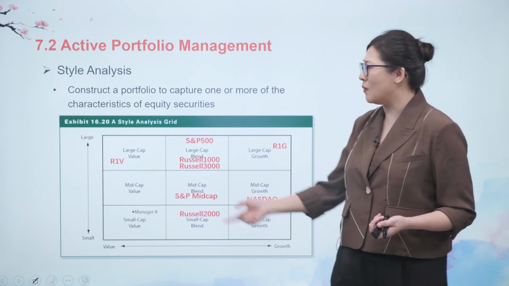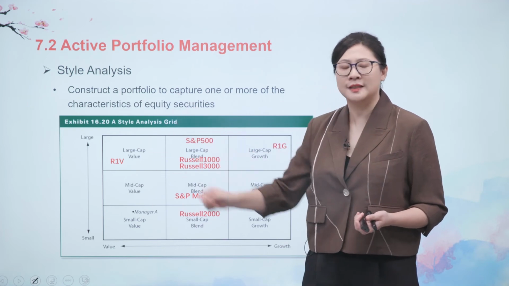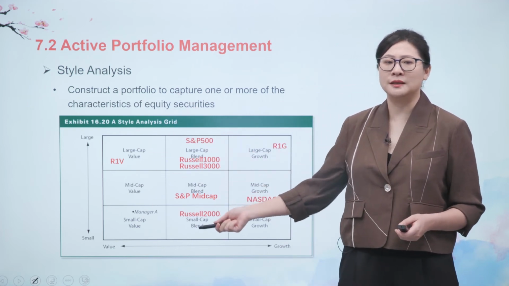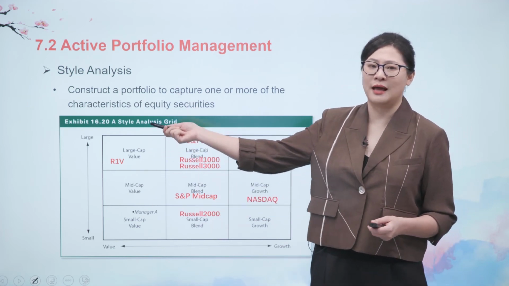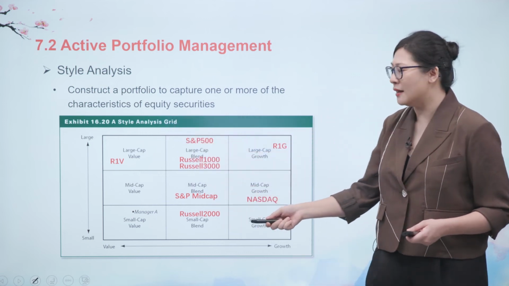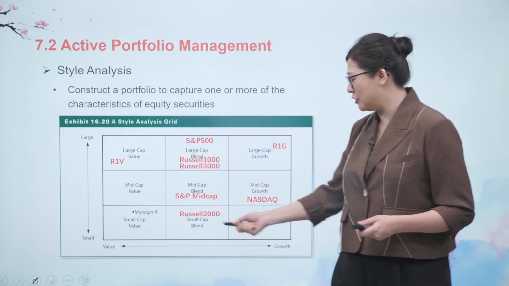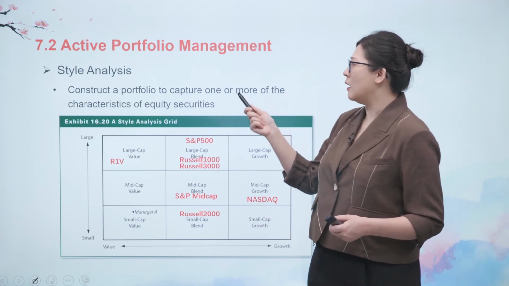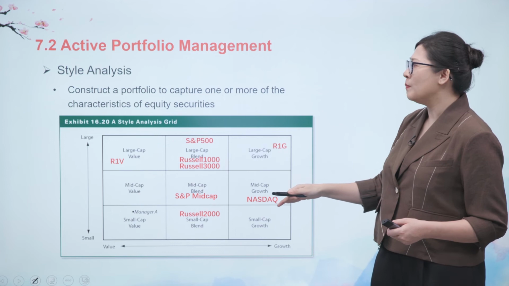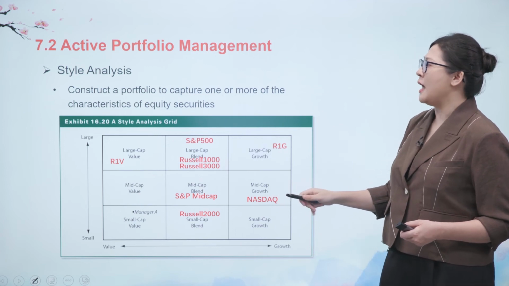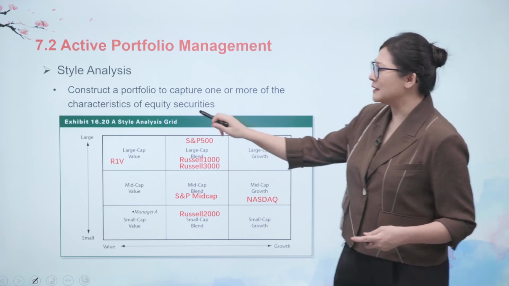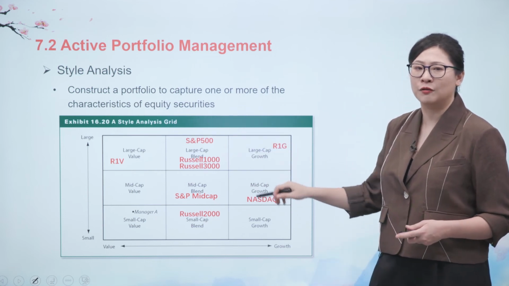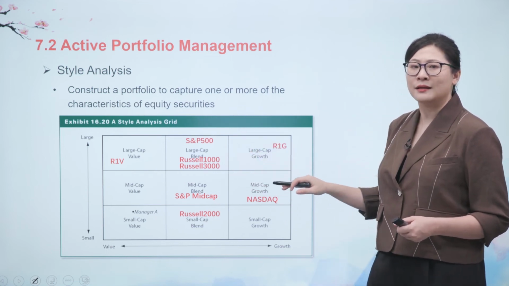One is the size factor, from small capitalization to large capitalization, and the other is value stock to growth stock. We construct portfolios to capture these 2 characteristics of equity securities, and we can separate them in this style analysis grid.